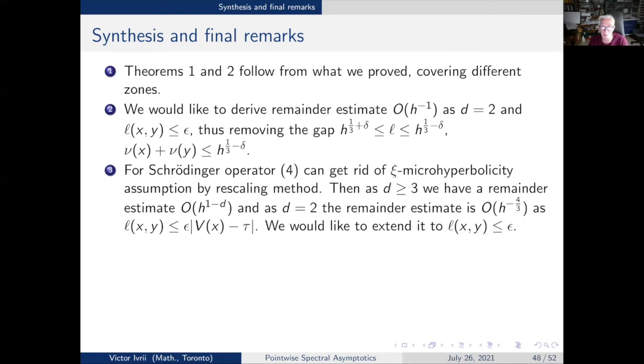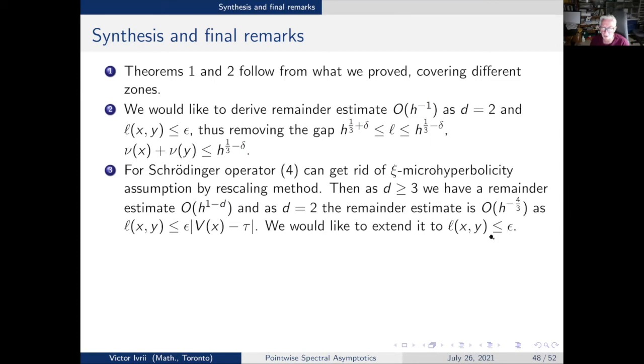For the Schrödinger operator, we can get a micro-monotonicity assumption by rescaling. Then for d greater than 3, we have a remainder estimate like this. And for d equals 2, the remainder estimate would be like h to the minus 4/3.